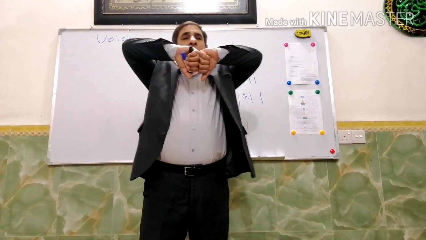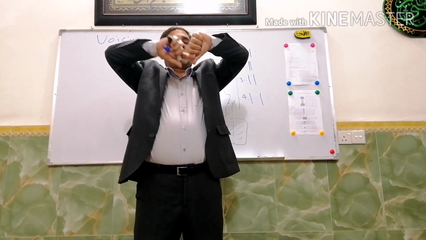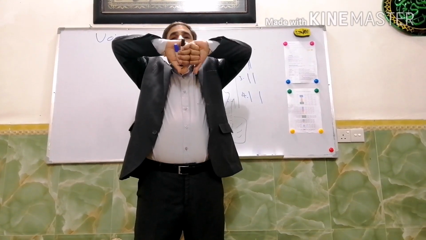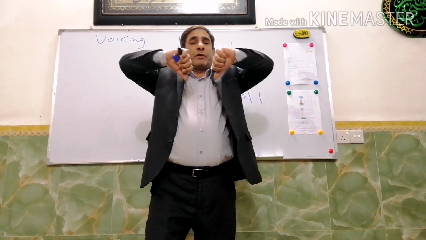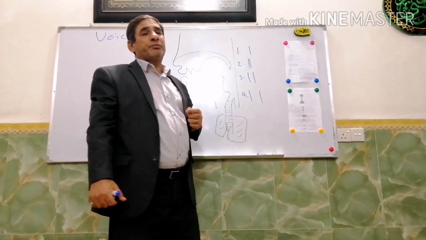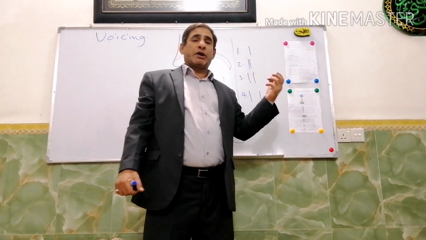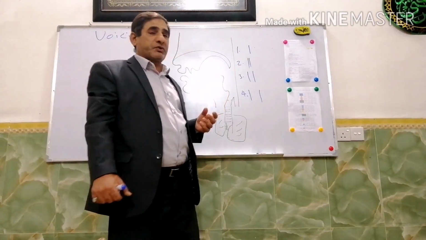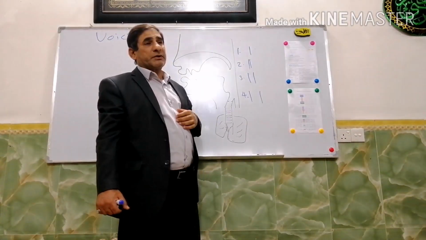These are the vocal folds, and these are the cartilages, which are responsible for the movement of the vocal folds. Here I can represent them by these vertical lines, just to simplify the matter. So we have these four states.